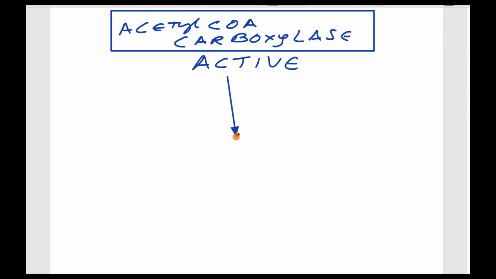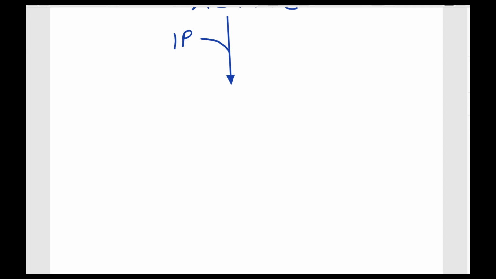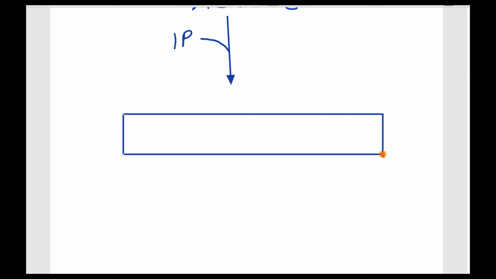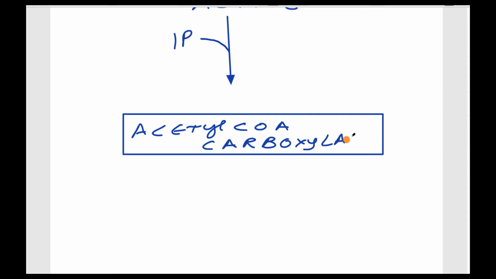Let us add the phosphate. Then what happens here? This enzyme becomes acetyl coenzyme A carboxylase with phosphate, and this is inactive. Why is it inactive? Because a phosphate group is added.